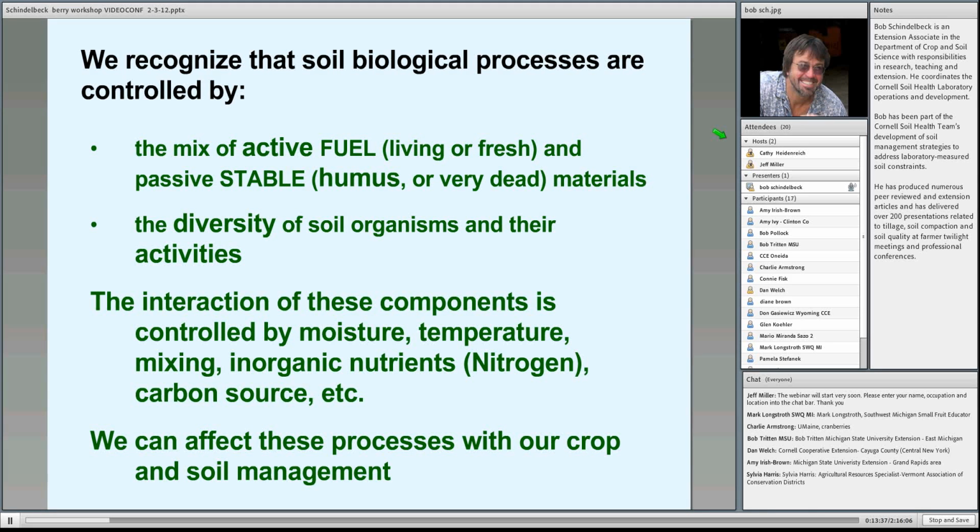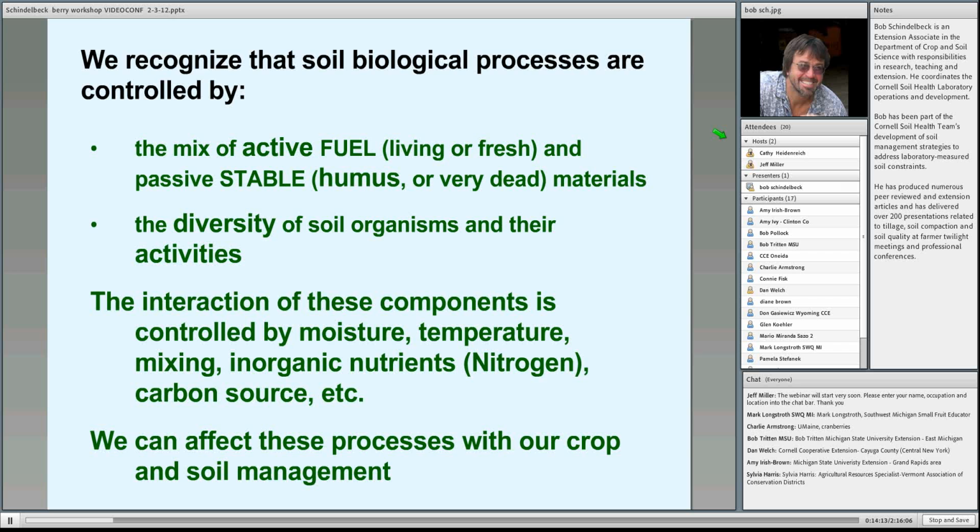And of course, in our soil, we have existing soil organisms that will be affected by this material that we add, that we give to them in our management. And of course, we can affect that. And the way we affect that with management is what we'll be talking about. But these two actors interact through moisture, temperature, how we mix them together, or for example, tillage. The fertility level, particularly nitrogen, can affect how fast these things turn over, etc.